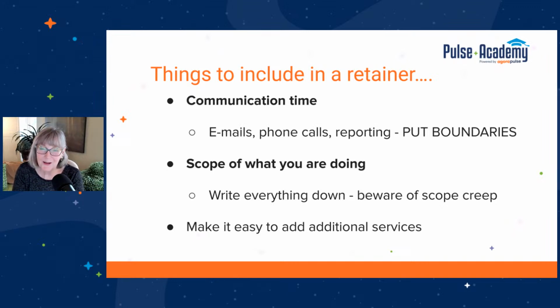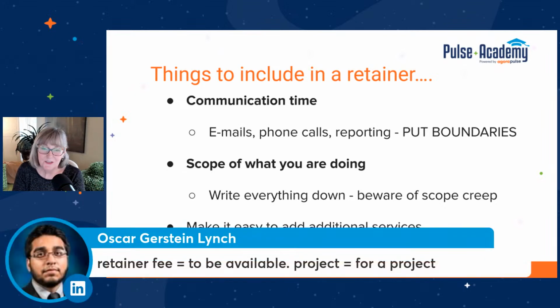Yes. All right. So Oscar is saying, so the retainer fee equals to be available and project is for a project. Yes, exactly. Basically, that's it. The project fee is a clear boundary of things that have to happen, like I mentioned, the updating of the social accounts or building an email system in a new email system, which I'm currently doing for a client, and fixing it all up, getting all the welcome sequence done, the templates, all the things.